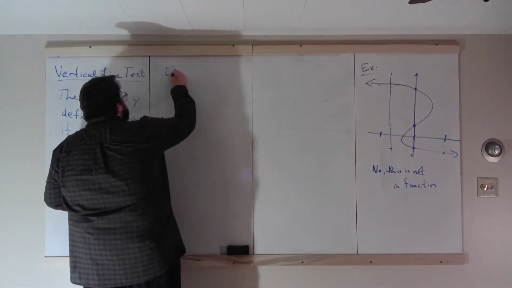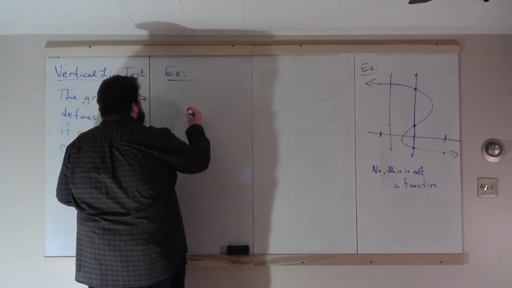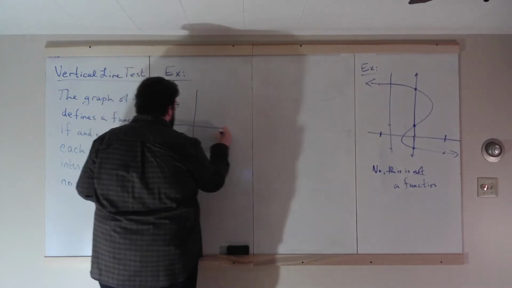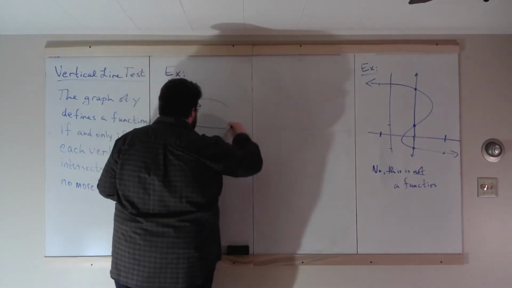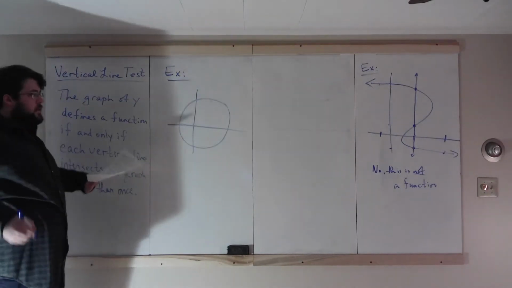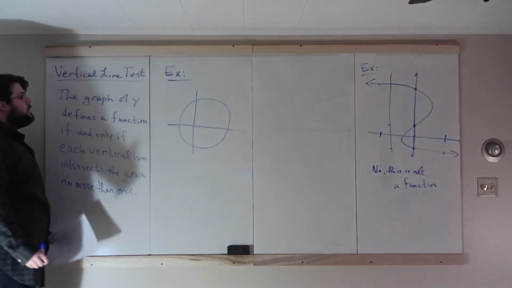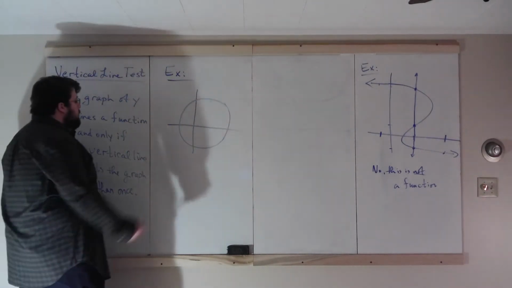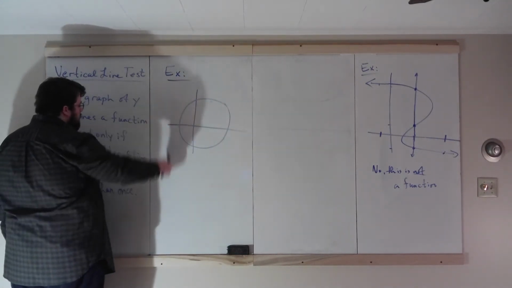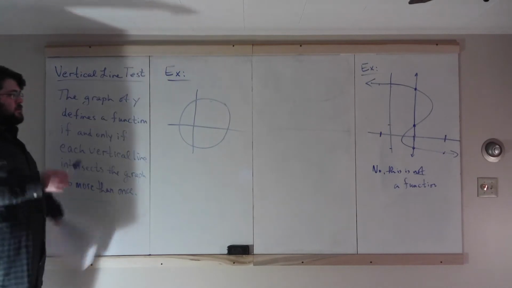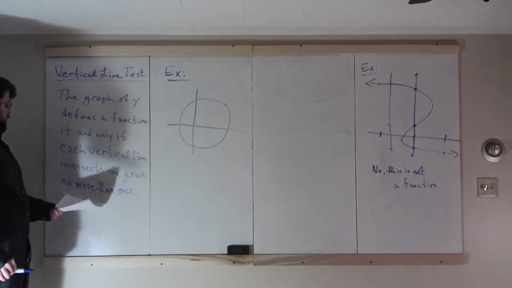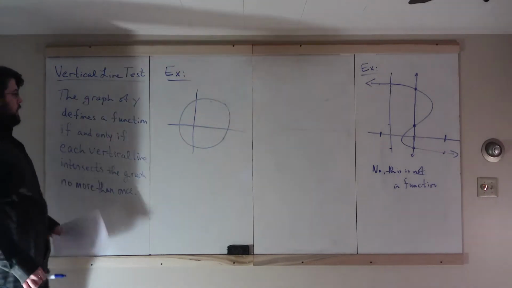Let's look at one more example. Let's take that circle. And the question here would be, does this graph define a function? We have a circle. Well, let's use the vertical line test. How about a vertical line here? A vertical line here intersects it 0 times. That's okay. 0 is no more than 1.